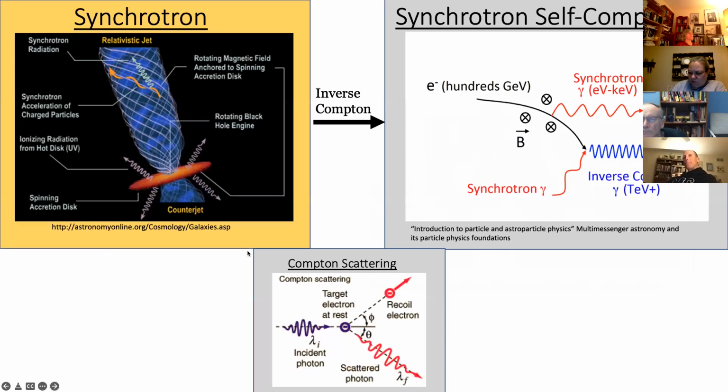So here on the top left, this is an image of synchrotron radiation. This is an active galactic nucleus, the accretion disk that we've seen before. Here's our rapidly rotating strong magnetic field. Primarily electrons, because they're charged particles moving at high speeds, will have a strong spiral trajectory, right?